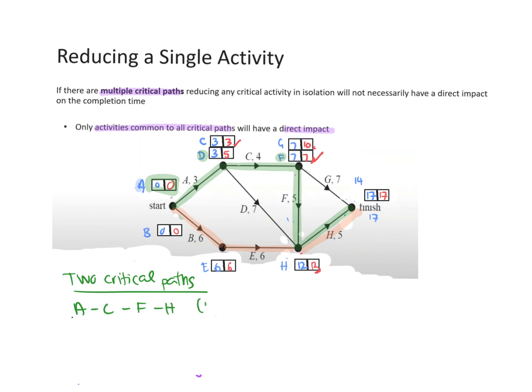So this critical path picked 17, and so does if you go B to E to H to the end, it's also 17. So that's two critical paths.